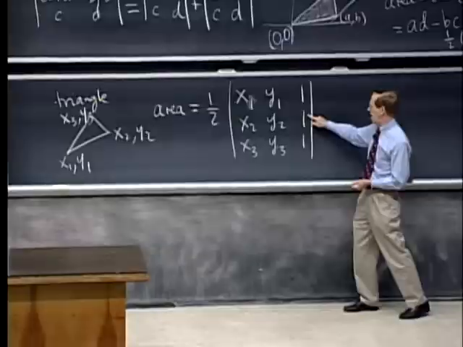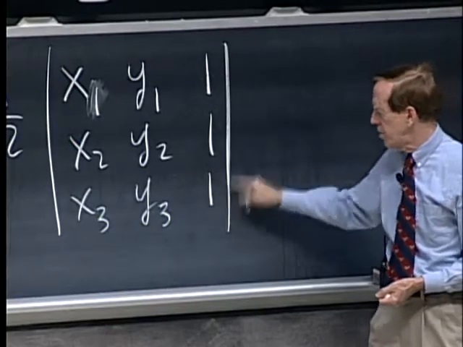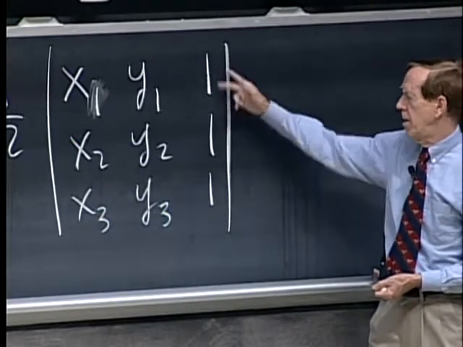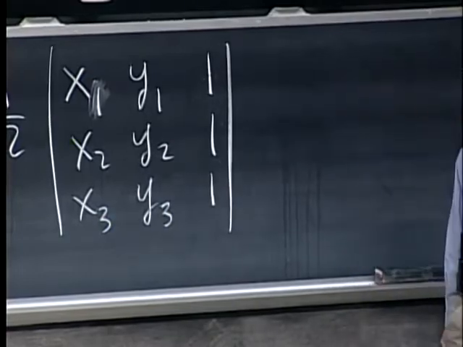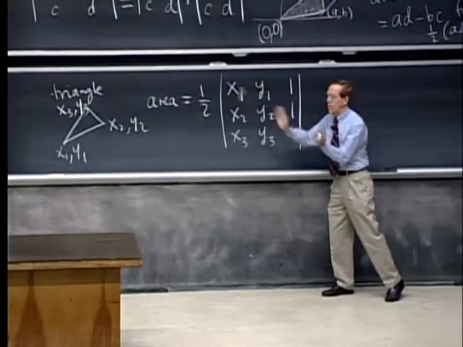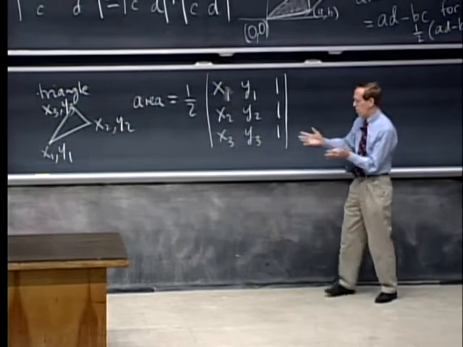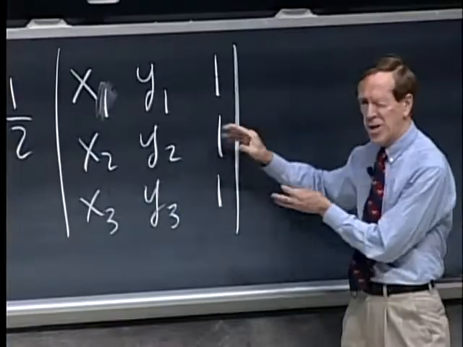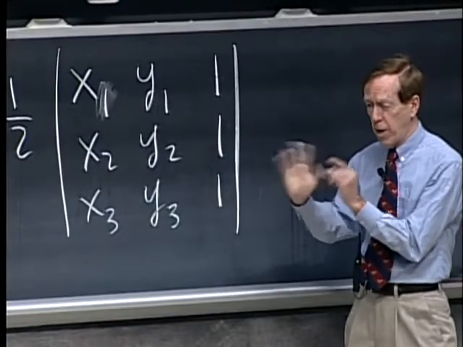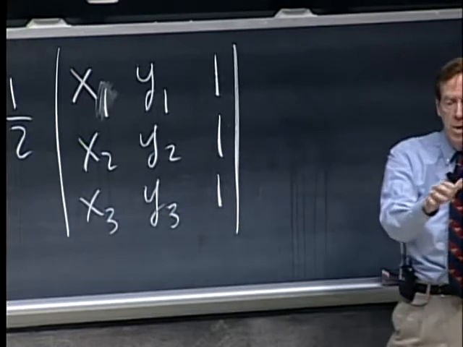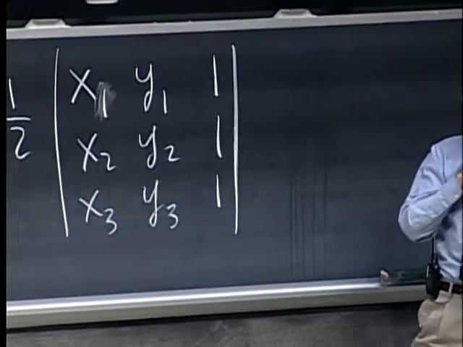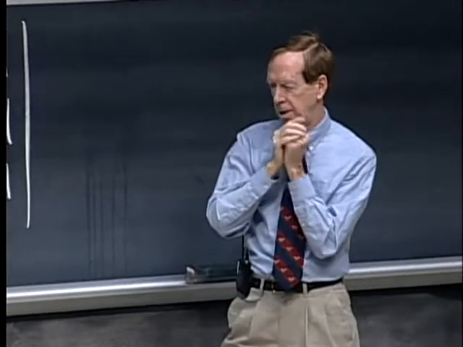It would kill that 1. Subtract this row from this. It would kill that 1. Then you'd have a simple determinant to do with differences. What I did with this subtraction was equivalent to moving the triangle to start at the origin. I did it fast because time is up.